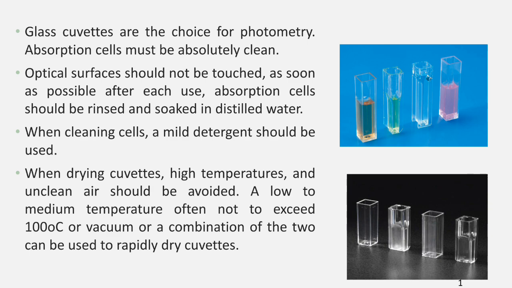Absorption cells must be absolutely clean and optical surfaces should not be touched. As soon as possible after use, absorption cells should be rinsed and soaked in distilled water. When cleaning cells, mild detergent should be used. When drying the cuvettes, high temperatures and unclean air should be avoided.